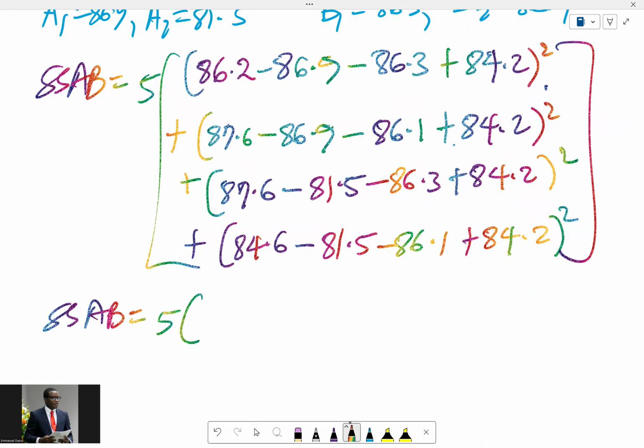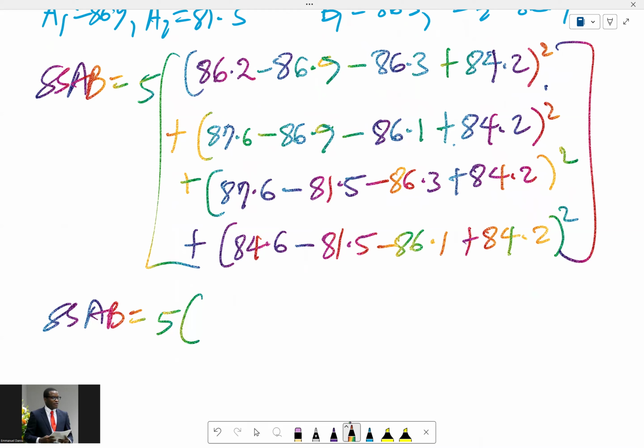Now the next is 86.2 minus 86.9 minus 86.3 plus 84.2, all of that raised to power 2.